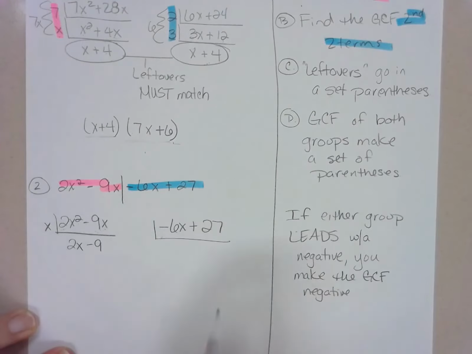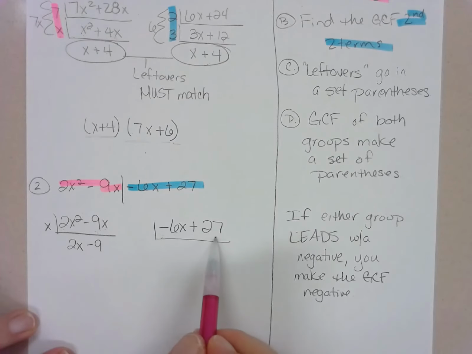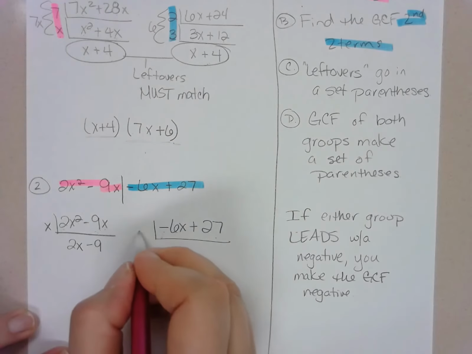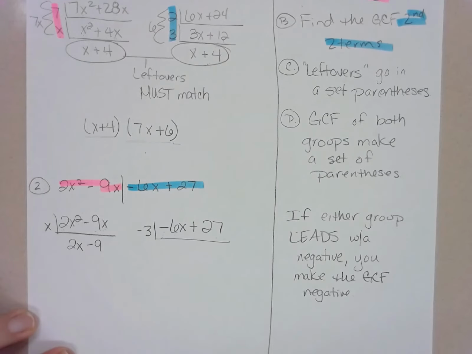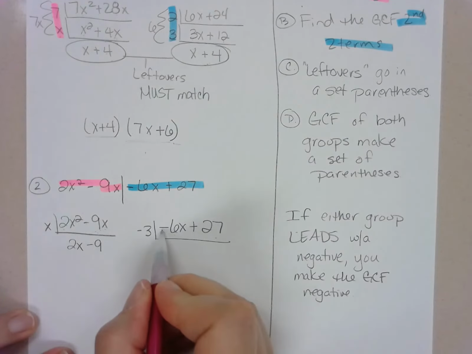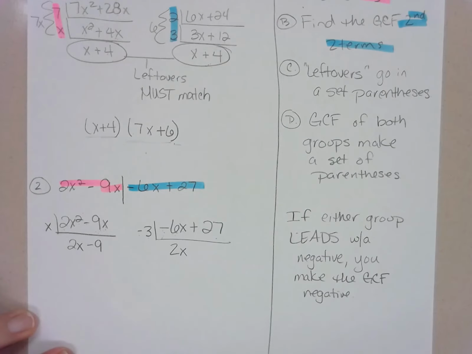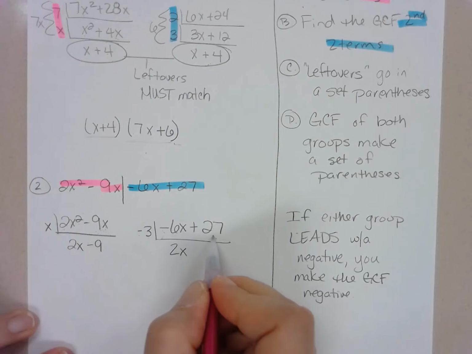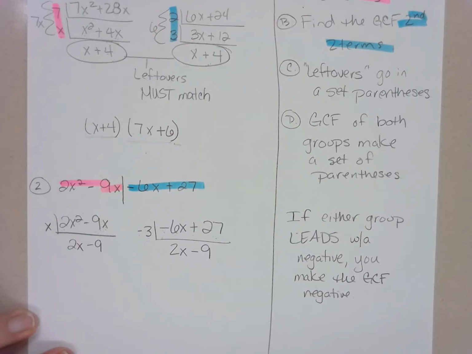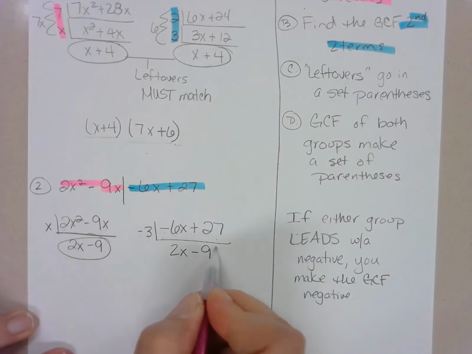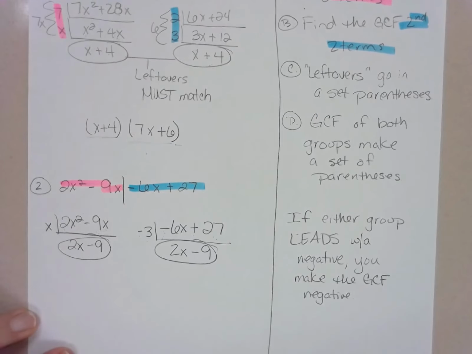So when I go to do this, 6 and 27 have 3 in common, but this leads with a negative, so I'm going to factor out negative 3. Negative 6x divided by negative 3 is positive 2x, and positive 27 divided by negative 3 is negative 9. Do my leftovers match?